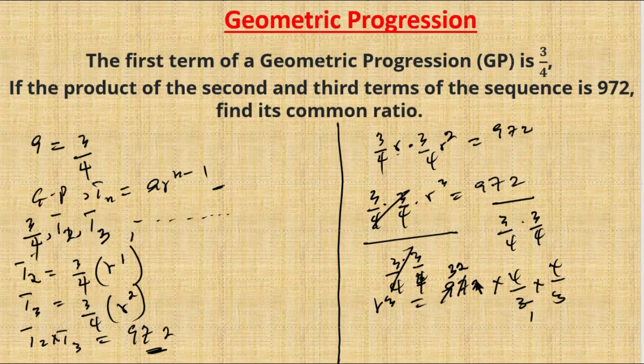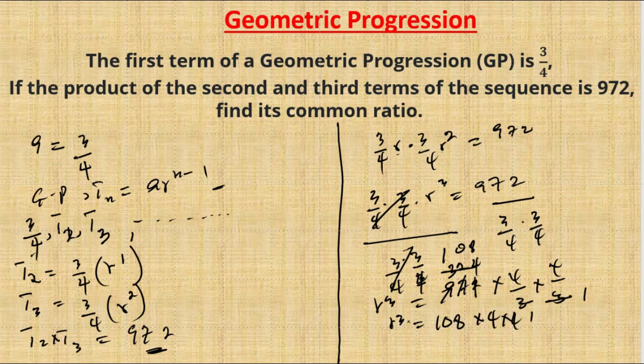I'll carry 1 to 2, that's 12, 3 in 12 is 4. So I'm left with 3 again. 3 in 3 is 1, 3 in 2 is 0, and 3 in 24 is 8, that's 108. So that r raised to power 3 is equal to 108 times 4 times 4.